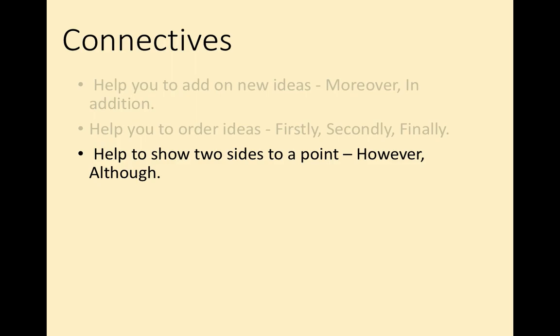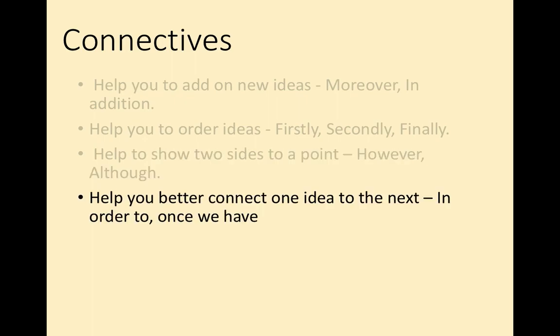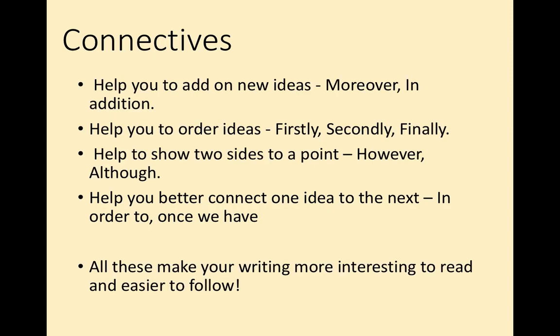They can help you to show two sides of a point, connectives such as however or although. And they can generally help you to better connect one idea to the next, with phrases such as in order to, and once we have. All of these make your writing more interesting to read and also easier to follow.